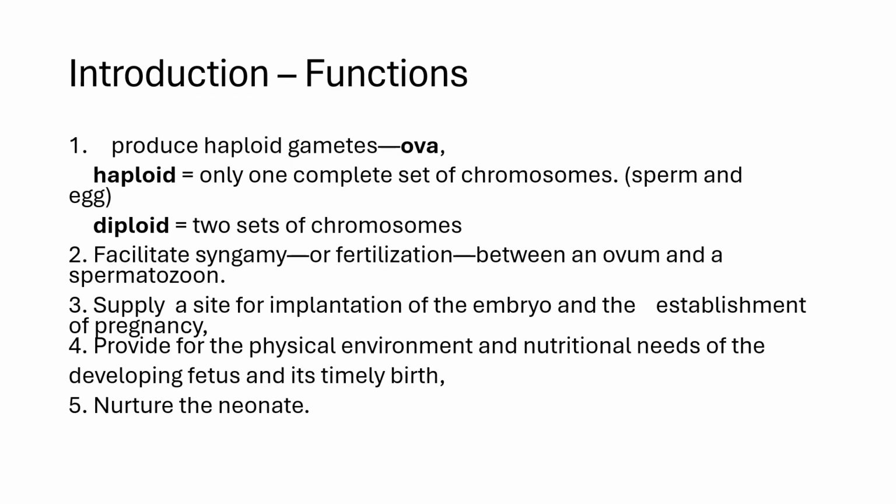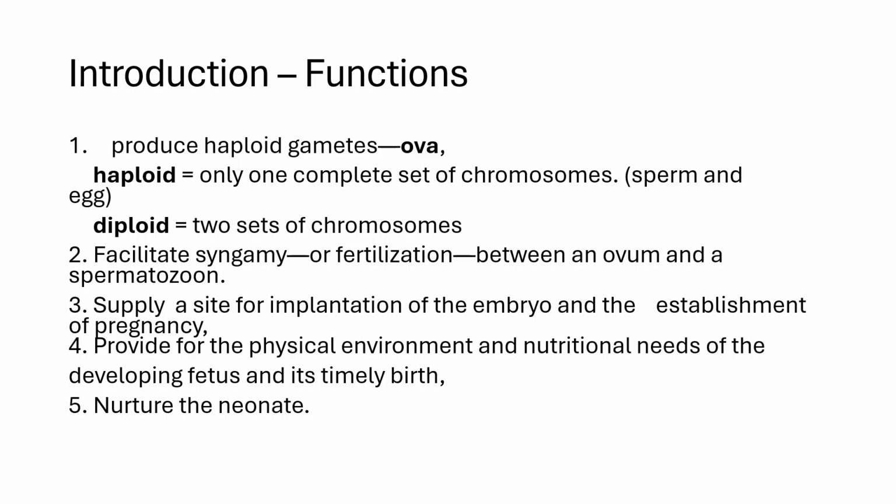First, we're going to begin with an introduction and we're going to review the functions of this system. Now, the first function that I want to review is that this system produces haploid gametes. Gametes, or in other words, ova, which is the plural word for ovum, right? Now, something that I like to do is to also review the medical terminology. So what is haploid?